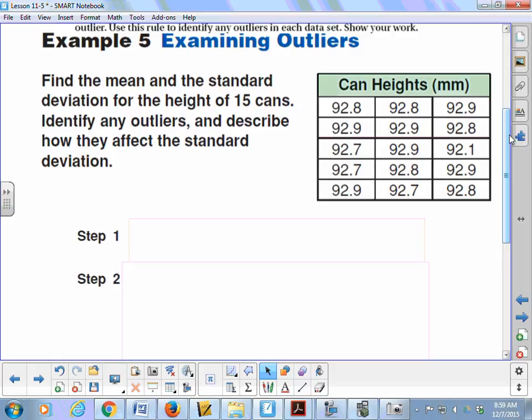Since they're all 92 point something, if I'm putting these in my calculator, I'm just going to put the decimal numbers in, instead of typing all the rest of them because they're all the same. But if you look at these numbers, which number do you think would be an outlier? 92.1, because all the rest of them are 92.7, 92.8, and 92.9. So that one's probably an outlier because it's way away from the rest of the data. But we're going to show how that is true by actually doing some calculations.